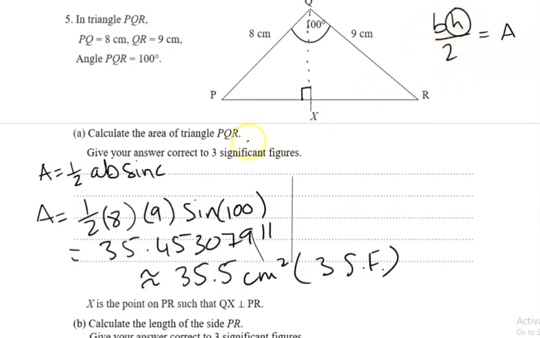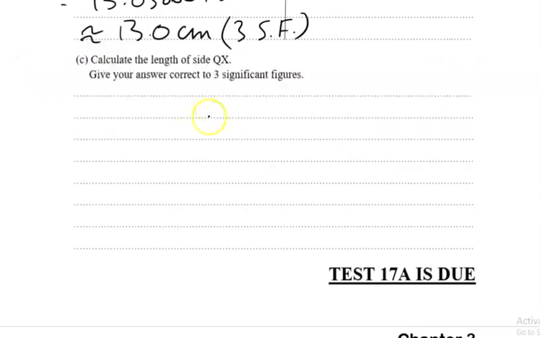Now, do we have the base? The base here would be PR. That's what we worked out in question B. So we can substitute that value here. We can substitute the area here. And then we can work out what h is. So area is going to equal base times height divided by 2.